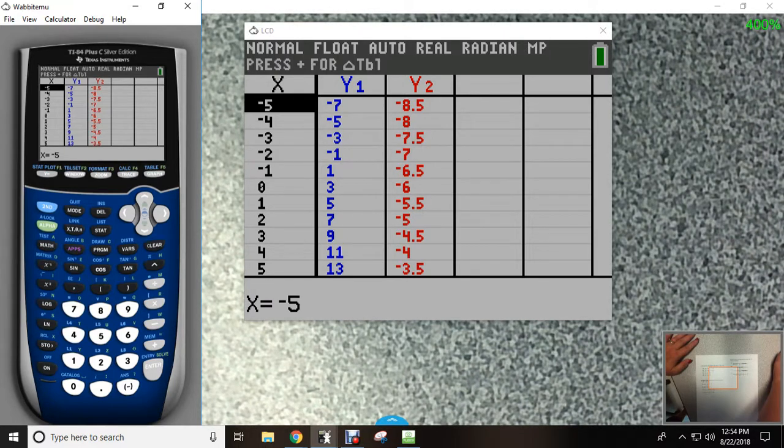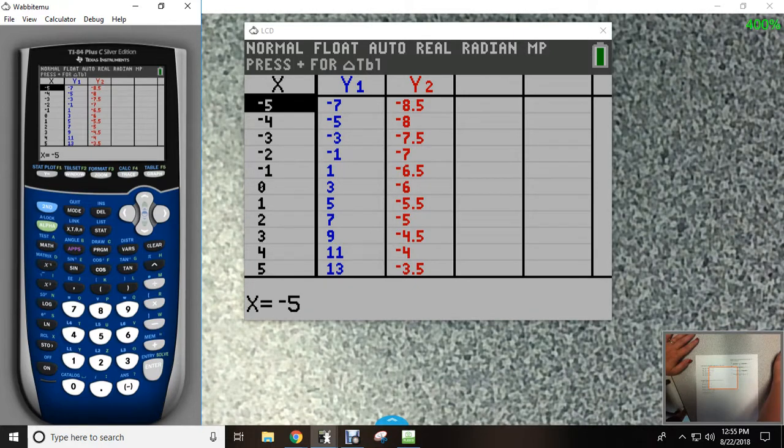you've got ordered pairs on the blue line that are -5, -7, -4, -5, -3, 3, and you know how that works. But also, that x column also goes with the y2 column. So ignore that y1 column, and you can see the ordered pairs for the red line. That's going to be -5, -8.5, -4, -8. So what I'm looking for is the x-intercept for my red line.